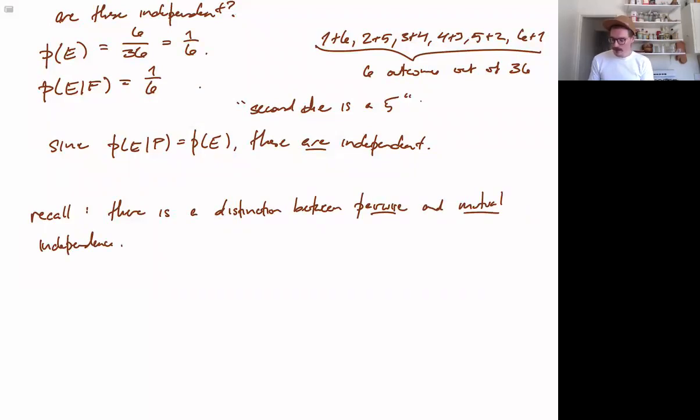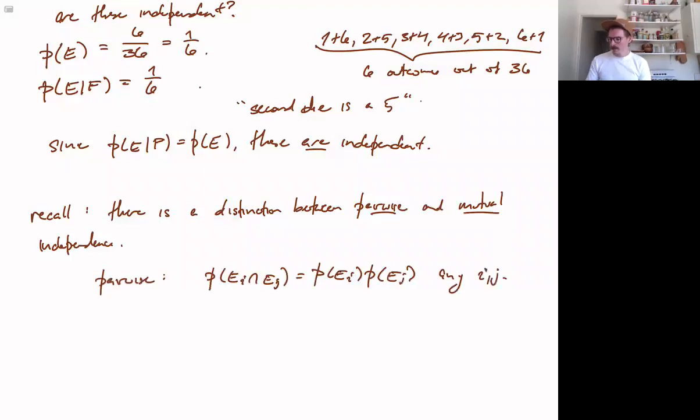So pairwise independence means that for any pair, like it says in the name, for any pair of events, so let's say we have events E1 through En.